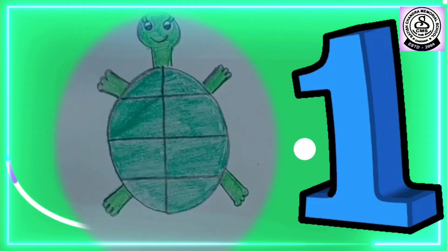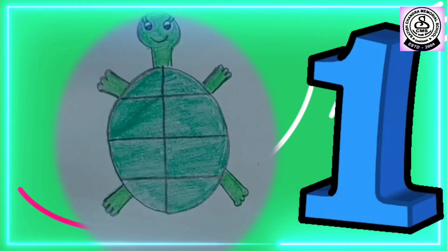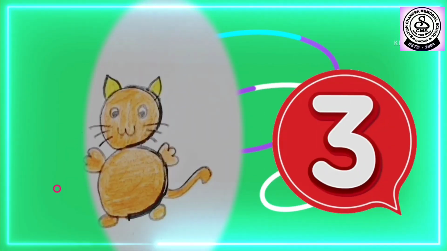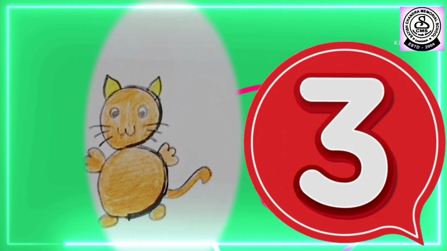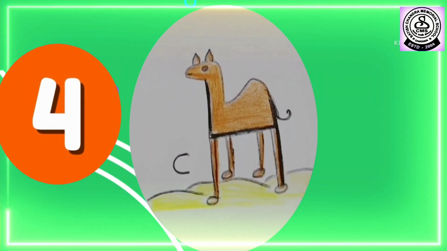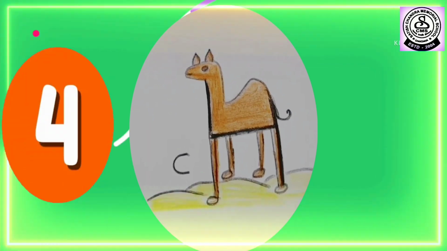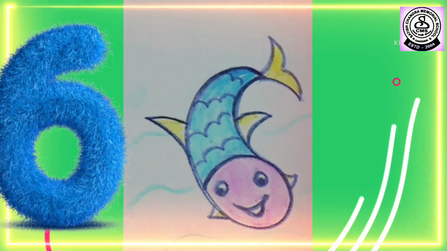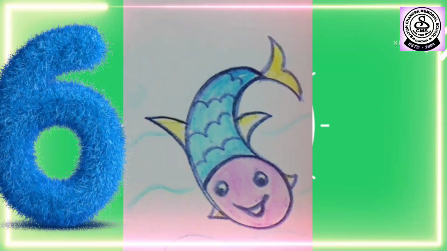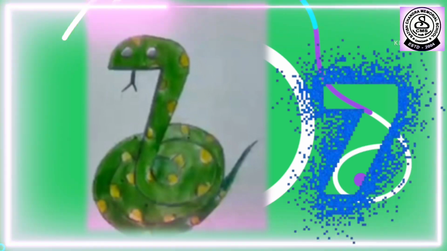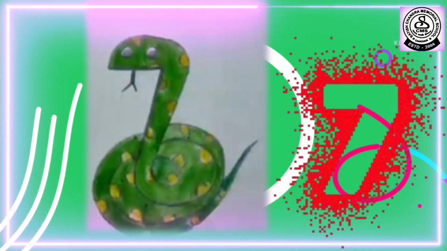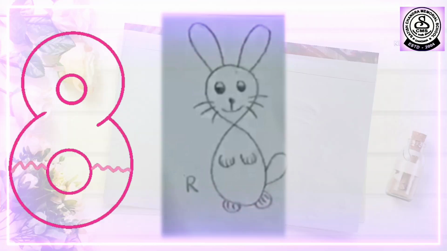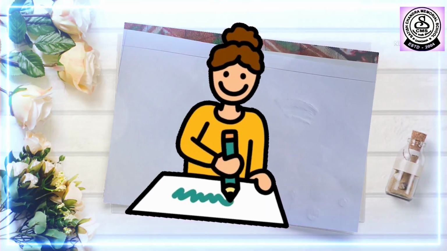So we had made a tortoise with number 1, a duck with number 2, a cat with number 3, a camel with number 4, a lion with number 5, a fish with number 6, a snake with number 7, and a rabbit with number 8. So we had made these animals.